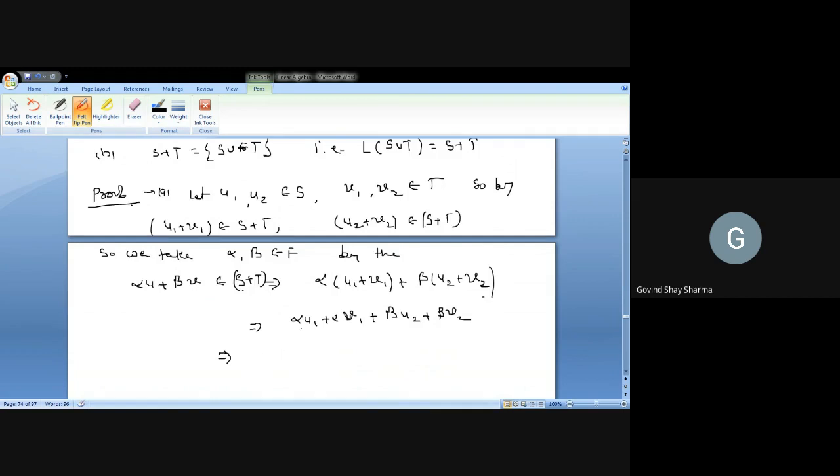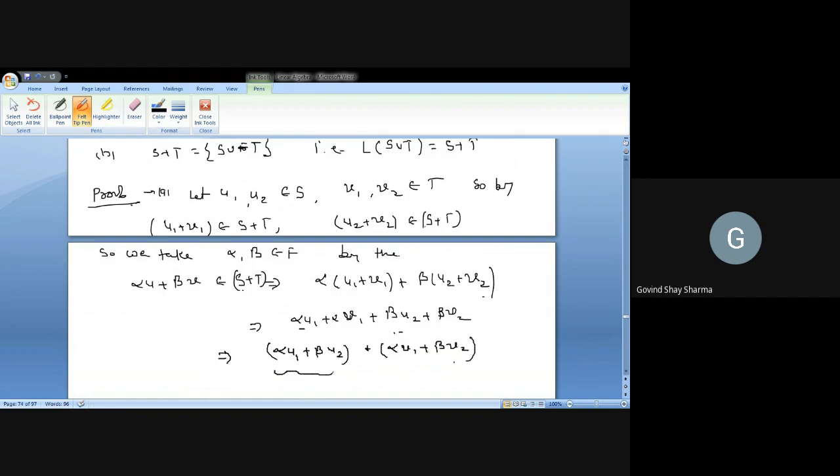Now here we can write it in the form of alpha u1 plus beta u2, and alpha v1 plus beta v2.